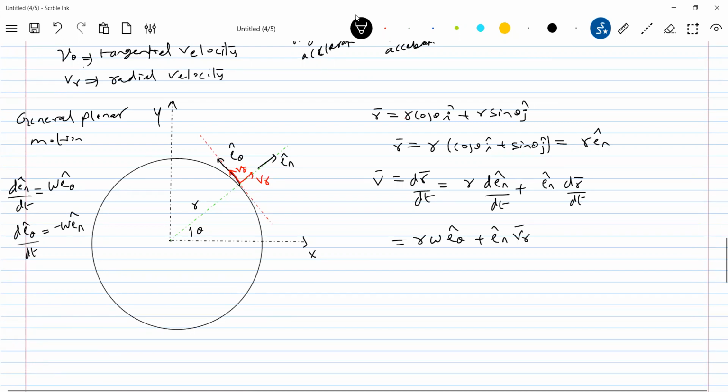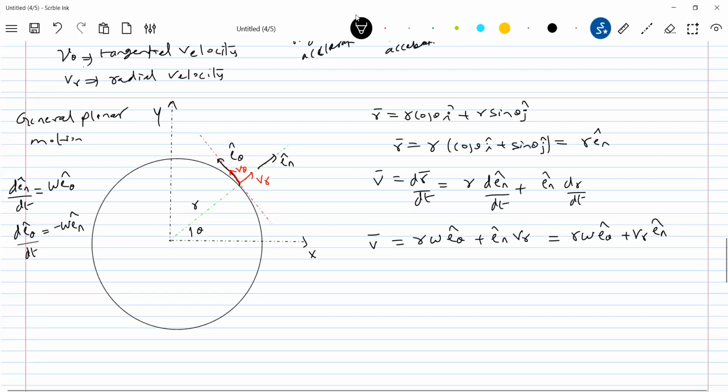This will become the radial velocity. So this will become r omega e theta cap plus Vr e r cap. It's only a vector, no? It's only dr bar by dt.